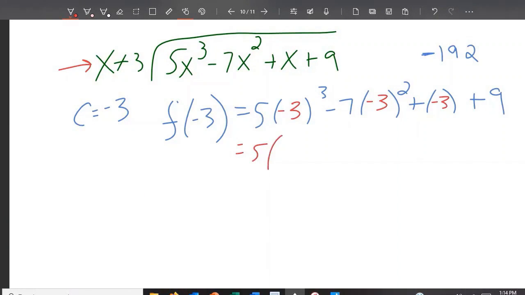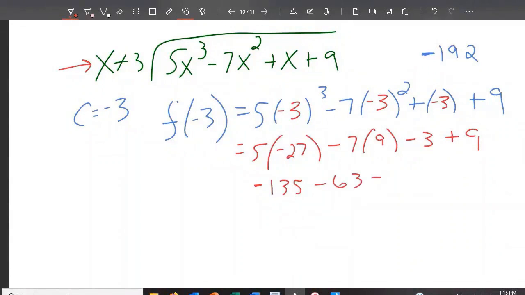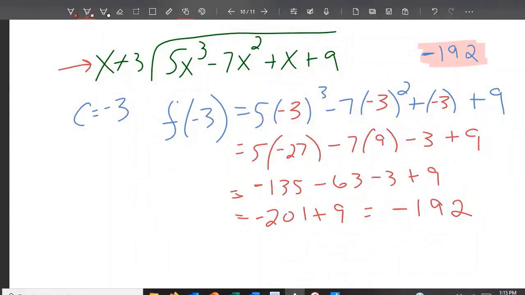So we'll end up with 5 times negative 27 minus 7 times positive 9 minus 3 plus 9. 5 times negative 27 is negative 135 minus 63 minus 3 plus 9. So I'll get negative 201, plus 9, which gives me negative 192. So we found negative 192 by doing synthetic, then I also found it by doing what we call the remainder theorem.